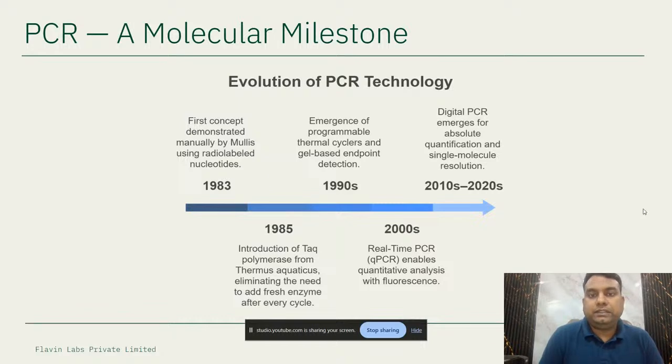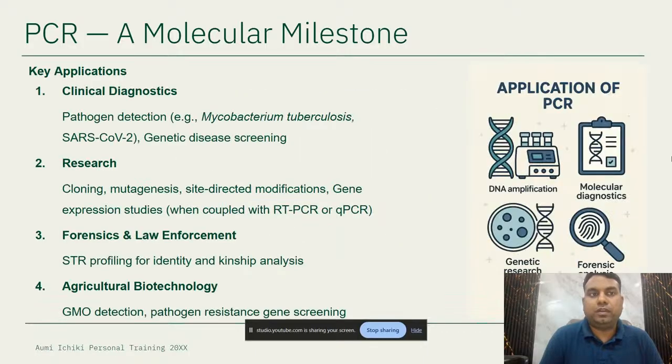In the 1990s, the emergence of programmable thermal cyclers, which we are familiar with these days, started. In 2000, real-time PCR or quantitative PCR started, and after the 2010s and 20s, digital PCR emerged, which helps in absolute quantification and single molecule resolution.